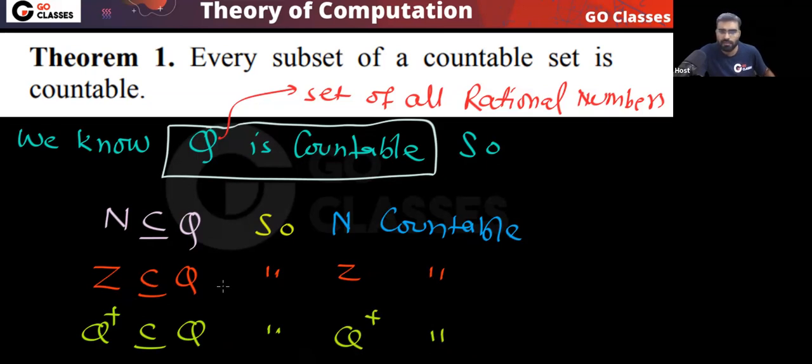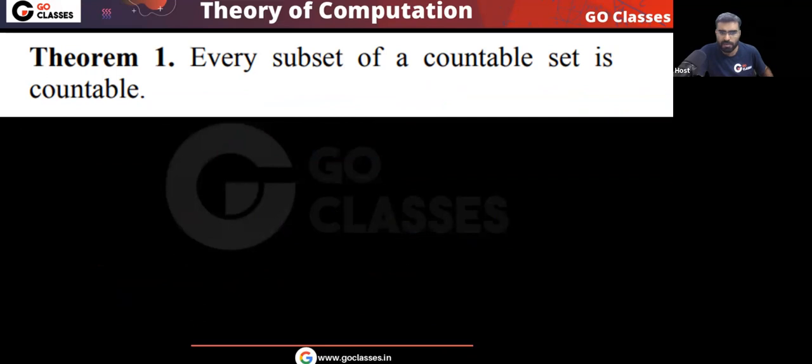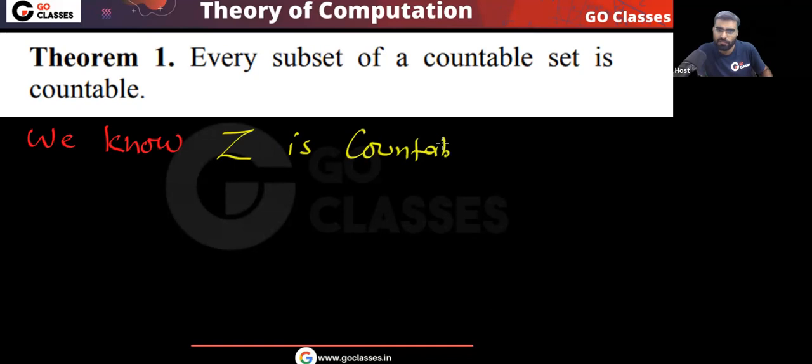Is this clear? What about the set of all prime numbers? We know Z is countable. We know the integers are countable, right? So any subset will be countable.